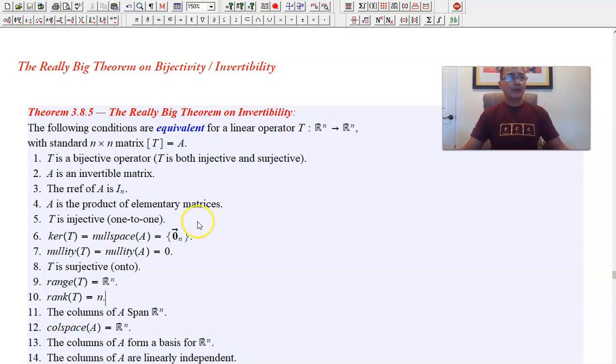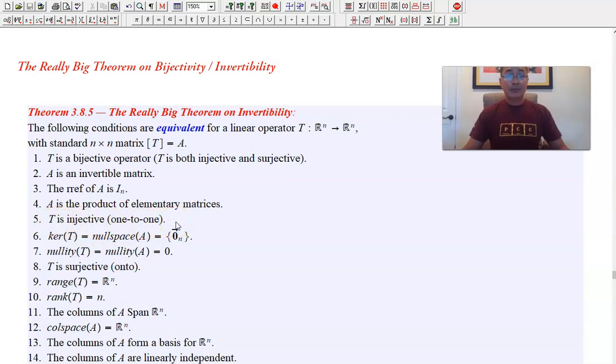Okay, so we said that an operator is one-to-one if and only if its kernel is only the zero vector. Okay, but wait a minute. Now it becomes a little murky because, wait a minute, we said you had to be both injective and surjective. So why is number 5 just saying, oh, T only has to be injective?